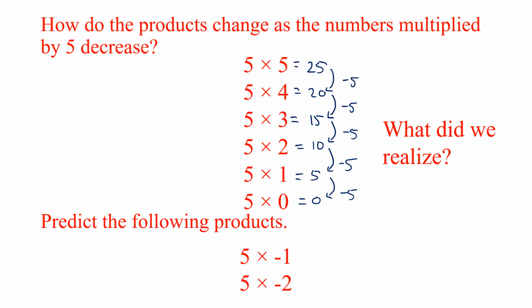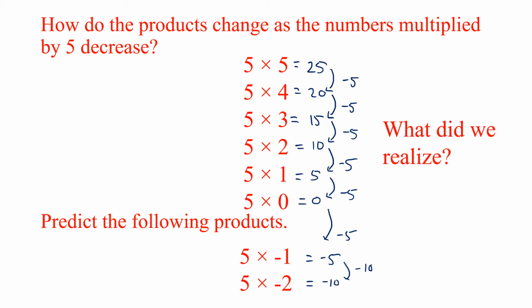So if I were to predict these, I'm going to subtract 5 again, and I'm going to get negative 5. I'm going to subtract 5 again, and I'm going to get negative 10. So as the numbers multiplied by 5 decrease, each time you are subtracting 5.